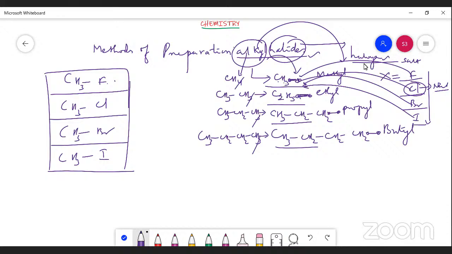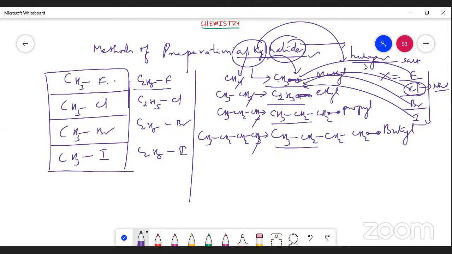Now take C2H5 with fluorine, C2H5 with chlorine, C2H5 with bromine, C2H5 with iodine. These are called ethyl fluoride, ethyl chloride, ethyl bromide, ethyl iodide.